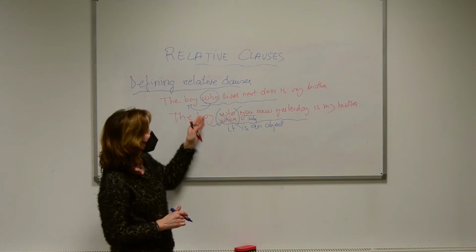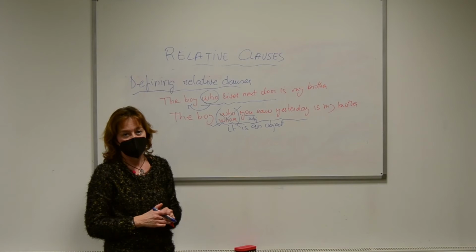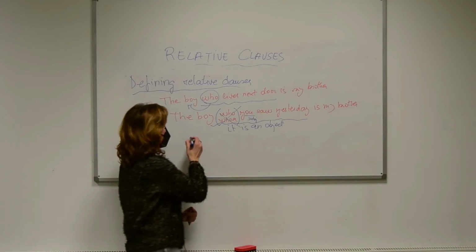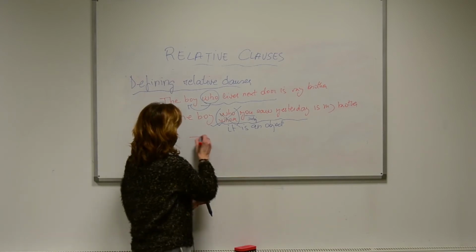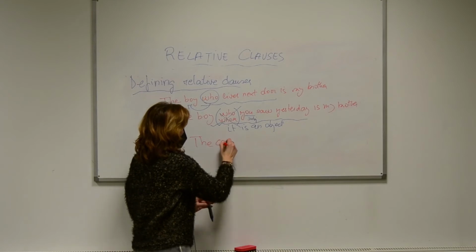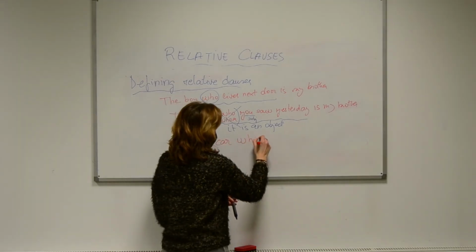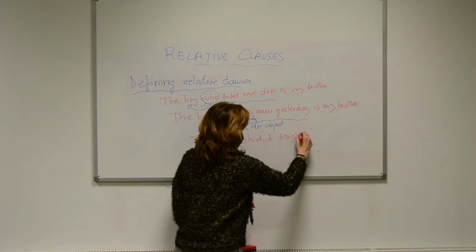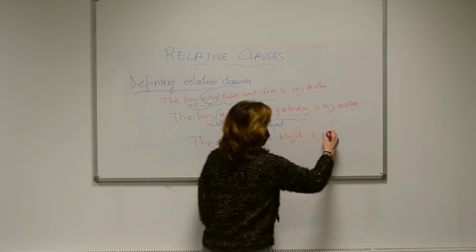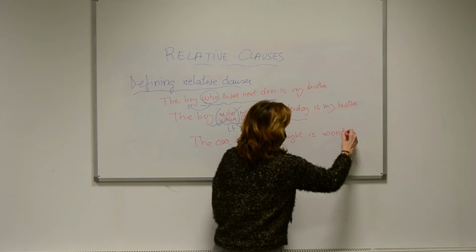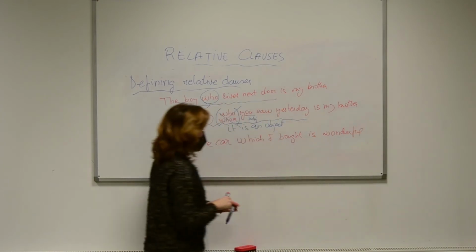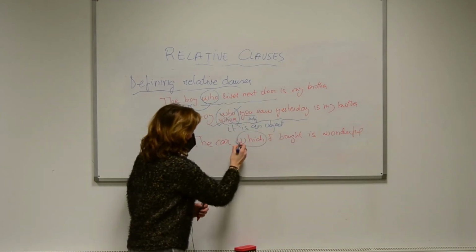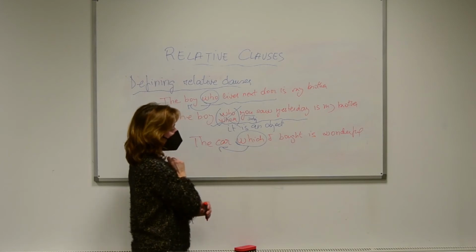The same happens with which, when we refer to a thing. For example, the car which I bought is wonderful. Here, which is the relative pronoun, refers to a thing.